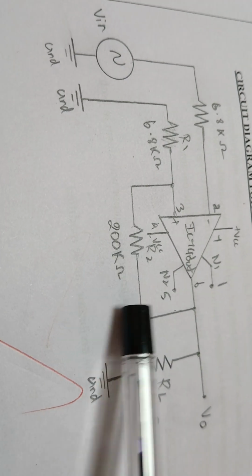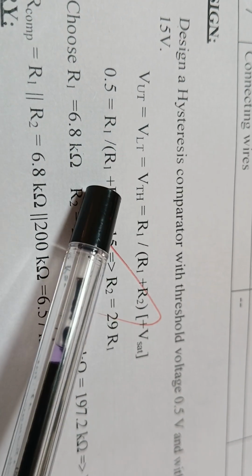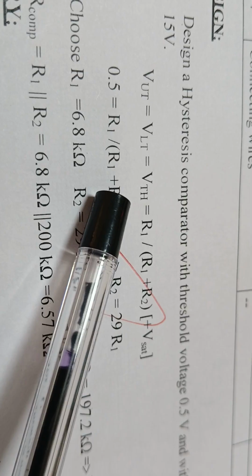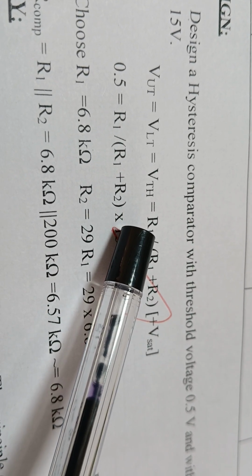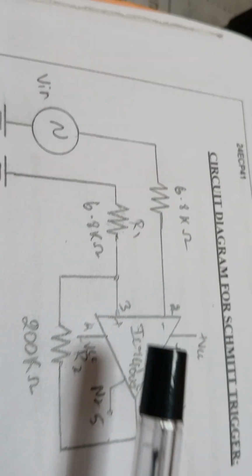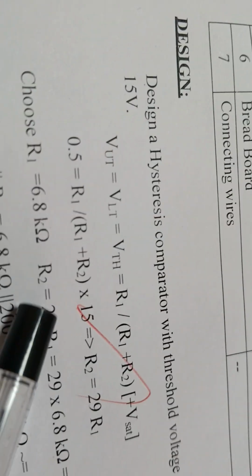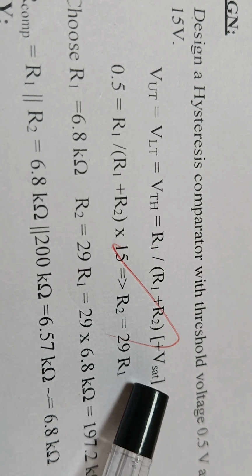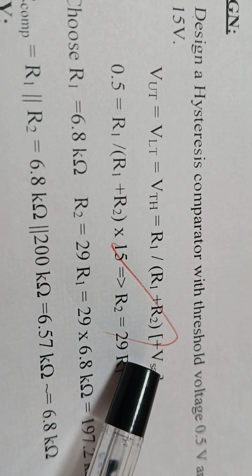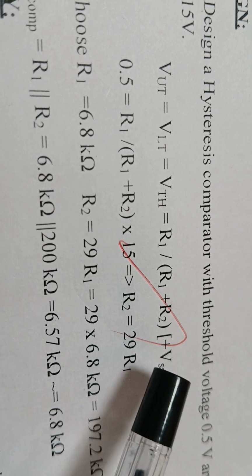That is the circuit operation, and we have the design equation. The upper threshold equals the lower threshold value, and the threshold limit is determined by the values of the R1 and R2 resistances used in the circuit. Based on this, we get the upper threshold and lower threshold. This value is given by R1 plus R2 into V saturation. If we give the supply voltage as plus 12 volt, Vsat will be plus 12; if 15, it will be plus 15.